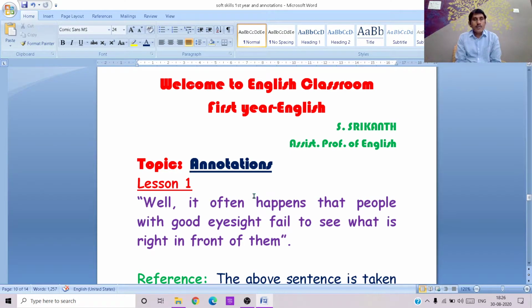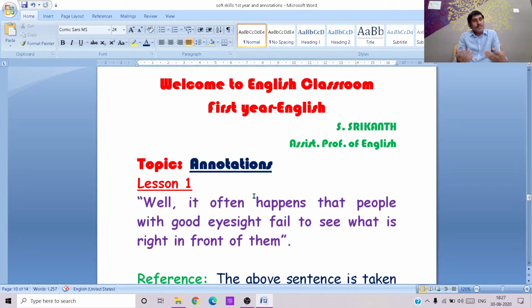Annotation is otherwise called reference to context. One particular poetic line or one particular sentence from a lesson or a story that is prescribed in the syllabus will be picked up from the text, and your job is to identify from which lesson it is picked.